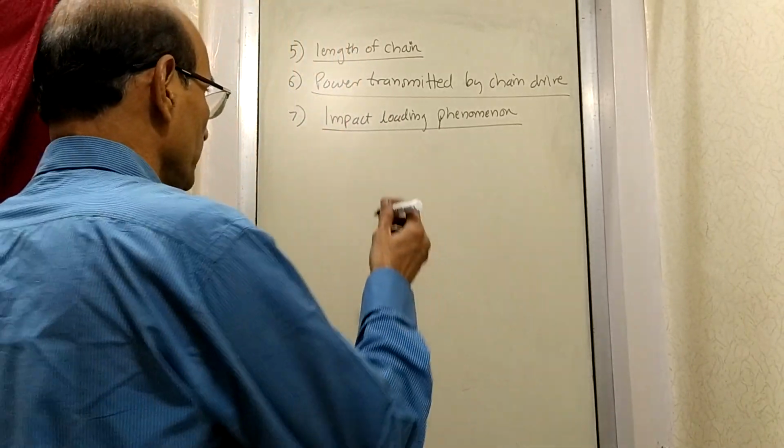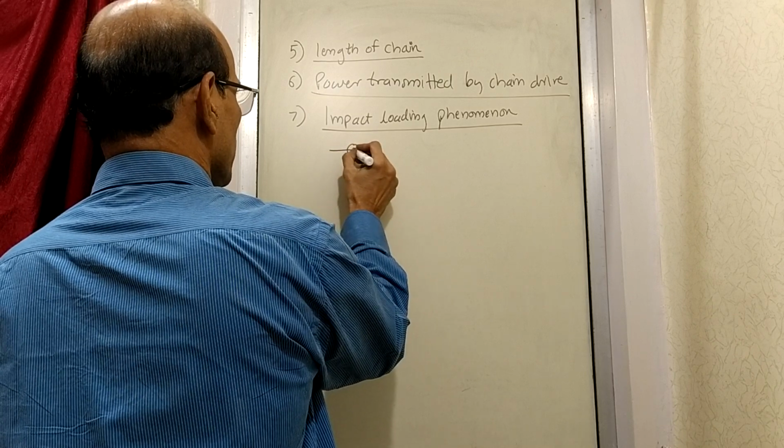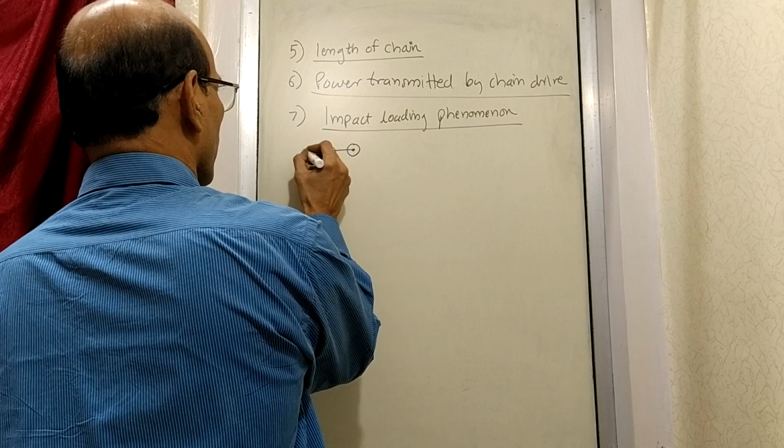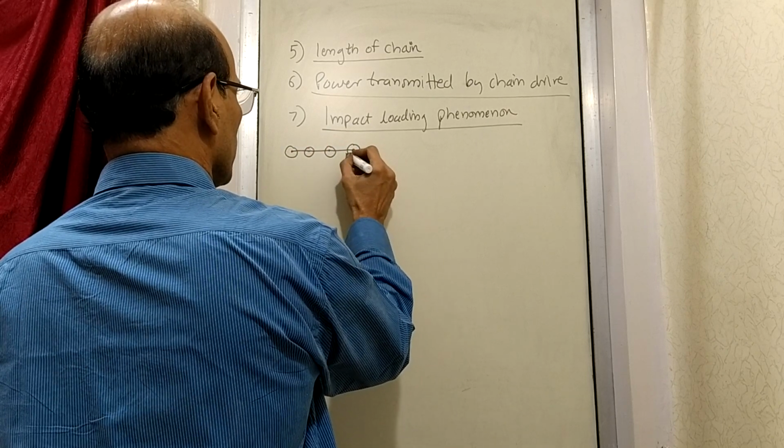See, what is the meaning of impact loading? Let's draw a chain like this as a representation. Here there is a sprocket like this.